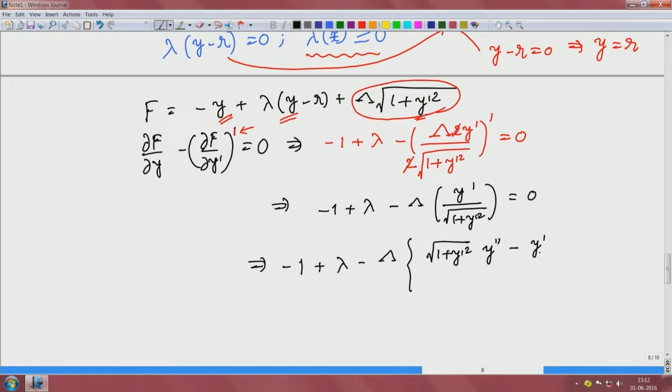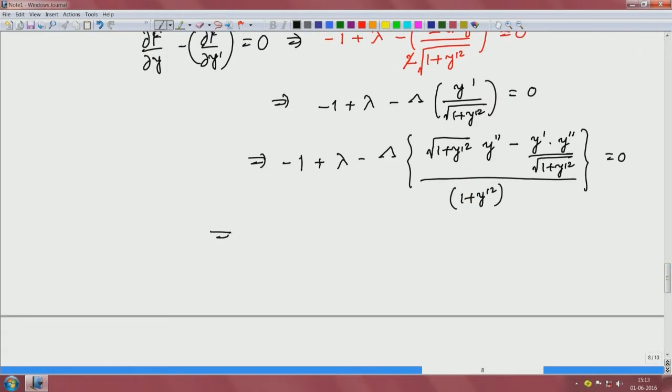So, that will give us divided by square root of 1 plus y prime square, half, and we will have y double prime there, we take the derivative of that y prime thing, divided by the square of the denominator, that will become 1 plus y prime square, that is equal to 0. Okay. Now, if we further proceed, minus 1 plus lambda minus lambda, if I take the LCM of the top portion, that will give 1 plus y prime square into y double prime.